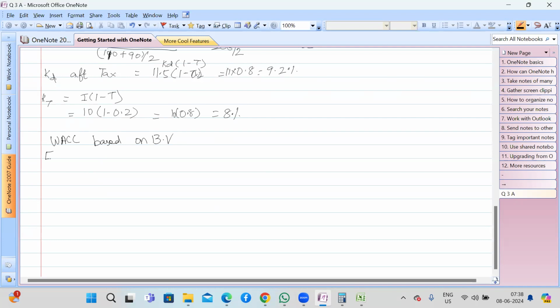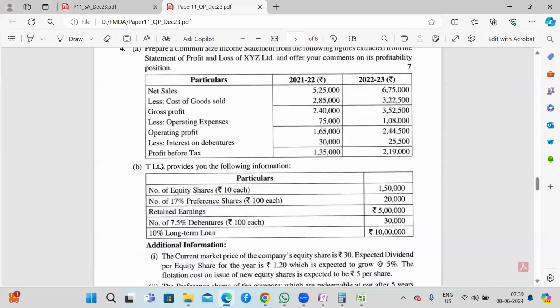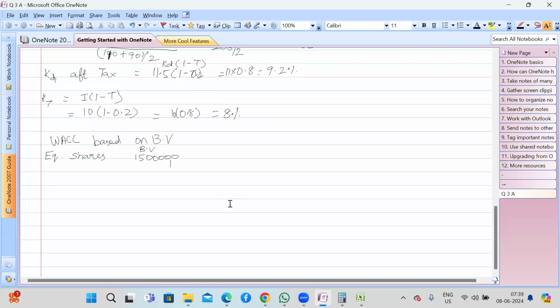What is the amount of equity shares? The book value is 15 lakhs, that is 1,50,000 into 10 each, number of shares into face value, right?